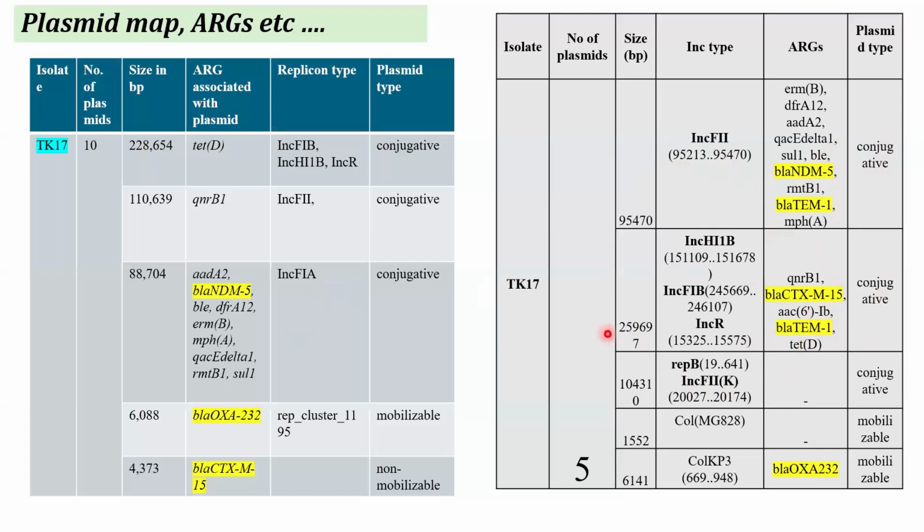So what I'm trying to tell you over here is that because we are trying to do fundamental basic research and trying to understand the antibiotic resistance of a particular isolate, we are really very, very myopic, and we would like to know everything about each and every isolate that we have.